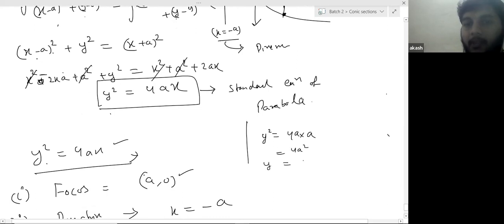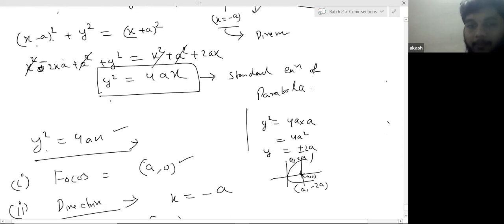So y coordinates will be plus minus 2a, right? This was the parabola. This was the focus a comma 0. So this is a comma 2a. This will be a comma minus 2a. So the length of latus rectum will be 4a.